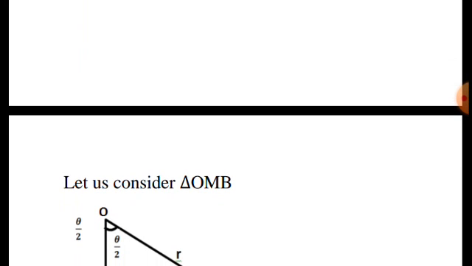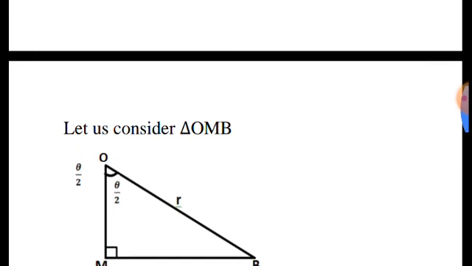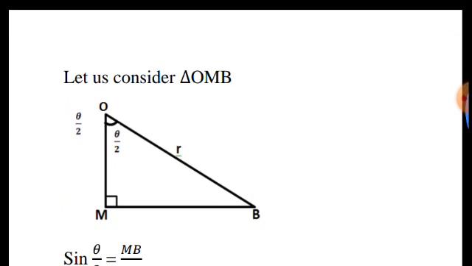Now, first and foremost, we would like to consider the right angle OMB. From OMB, we have this diagram. Don't forget, like I said, that OB is the radius, while OM is the perpendicular line where an angle of 90 degrees is formed.